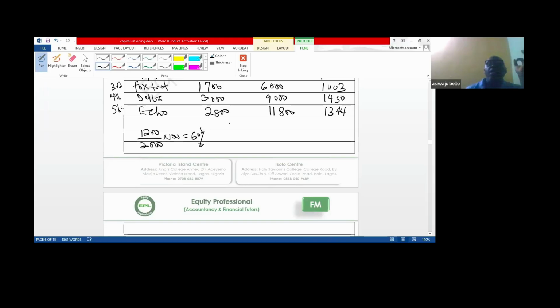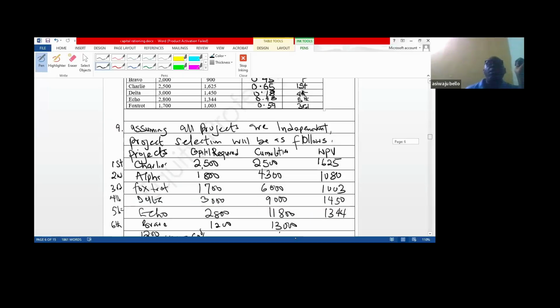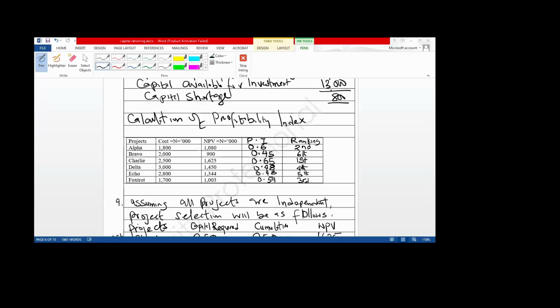That means we are going to take 60% of the NPV of 900, multiplied by 900. You can take this option: 540.